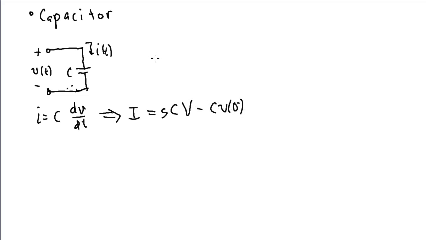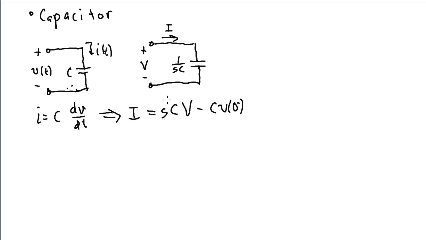And then the appropriate model here for the capacitor: with I here and V here, we have a portion of the current that is due to an impedance. The corresponding impedance would have to be 1 over SC. So V divided by 1 over SC would give us this SCV term.